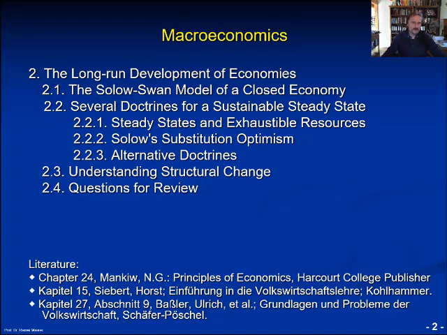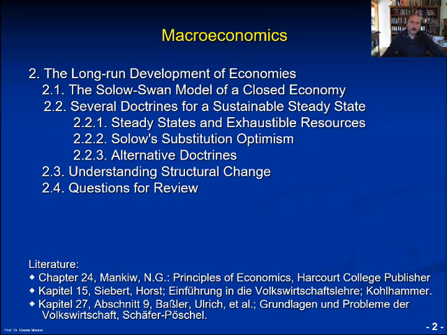If there are, however, exhaustible resources which cannot be substituted by other resources or technological knowledge, the economy starts to shrink. This leads to the question how economic policy should respond to the problem of exhaustible resources.